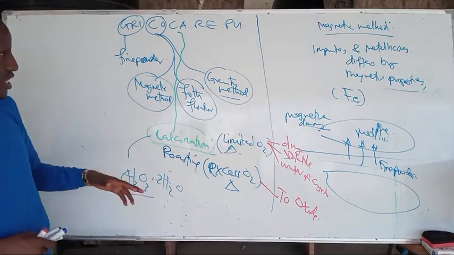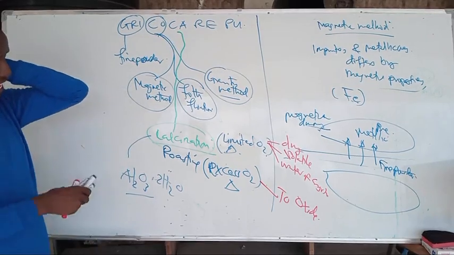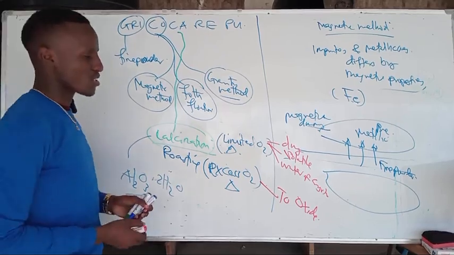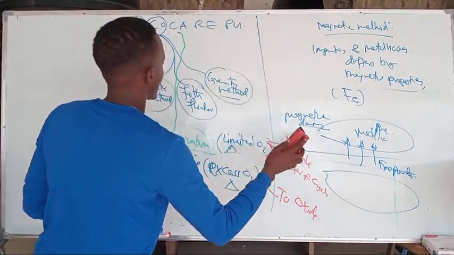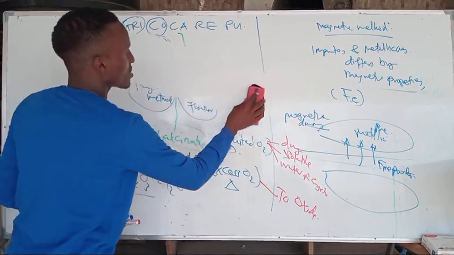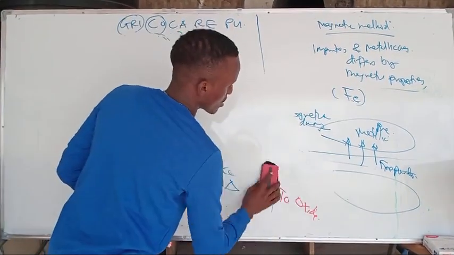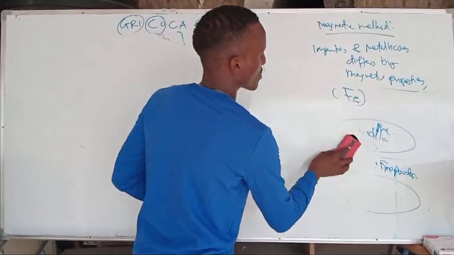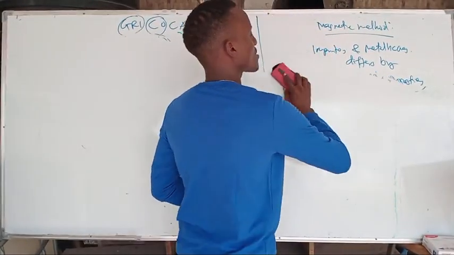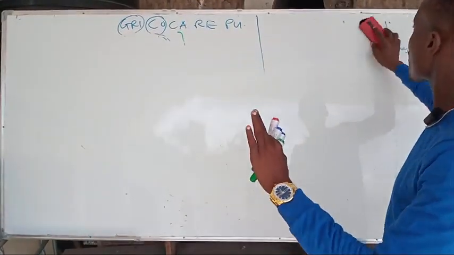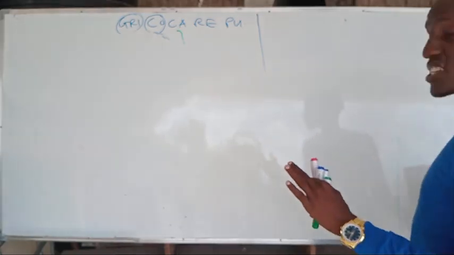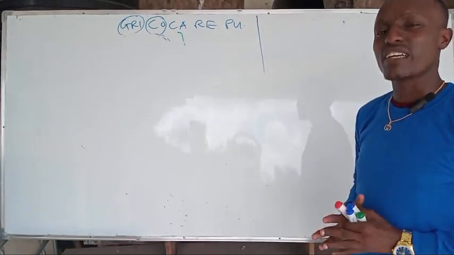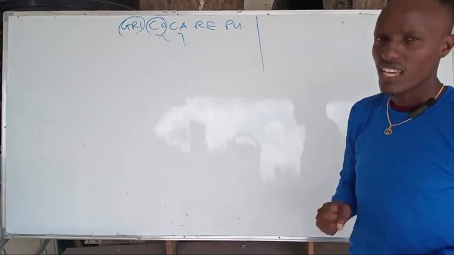Okay, so let's speak about the reduction process. Speaking about the reduction process, it depends. I've told you extraction always depends on the position of the metal in the reactivity series, meaning the nature of the metal, and the second thing it depends on is the type of impurity found.